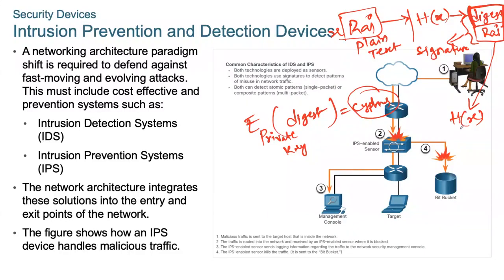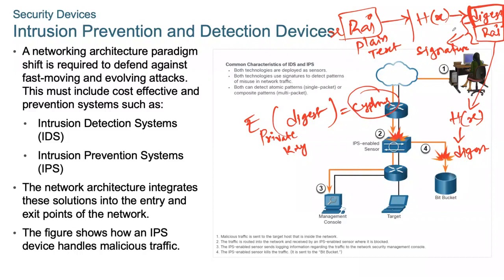Then you get one digest here, and that digest is matched with the received digest. If it is matching, that means the traffic coming from outside the network is accepted.